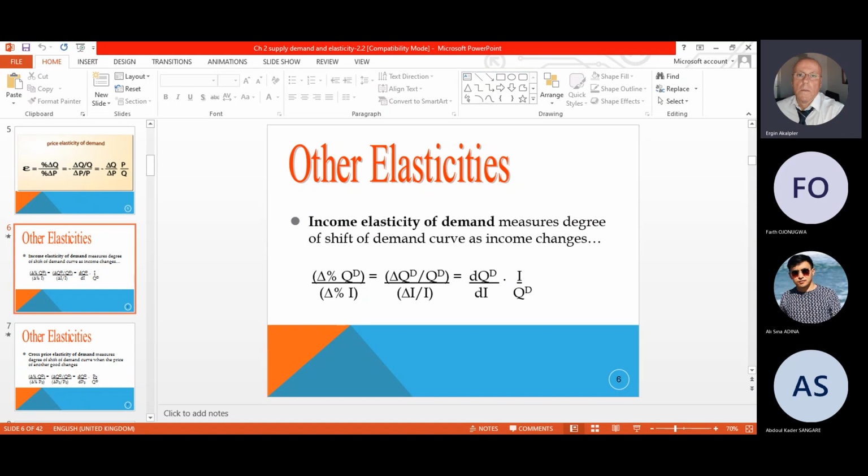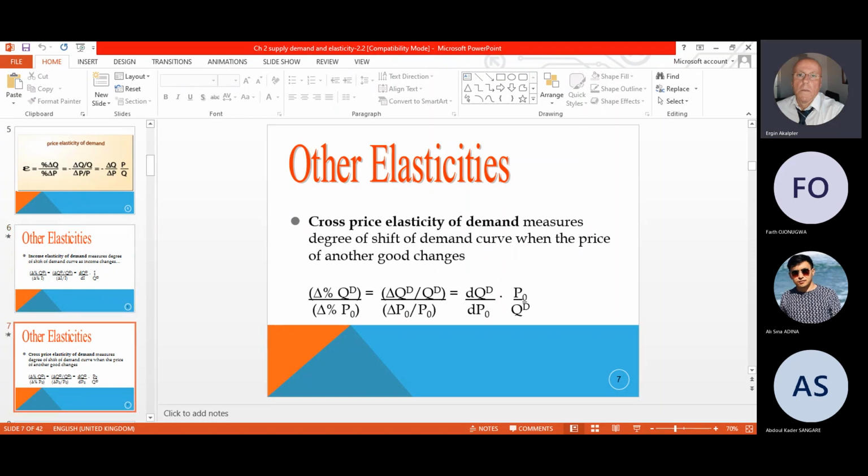Delta QD, the difference of the demand in these two periods, is divided by the income difference, and this is multiplied by I, the disposable income in the former period, divided by the amount of the demand in the last period.